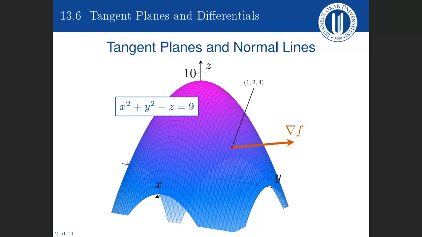What that means is the gradient vector is always orthogonal or normal to this surface at this particular point.